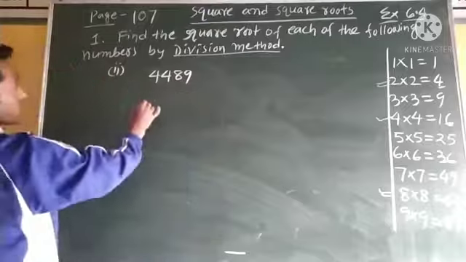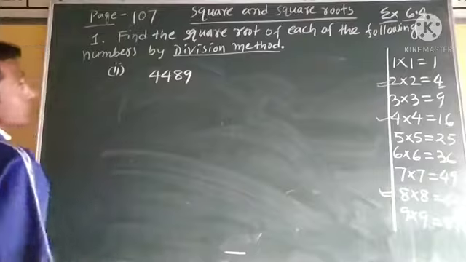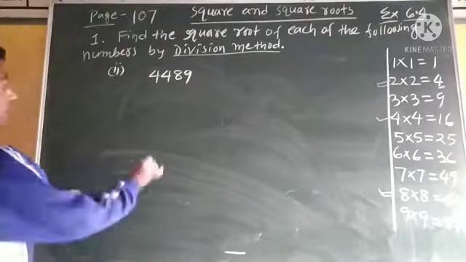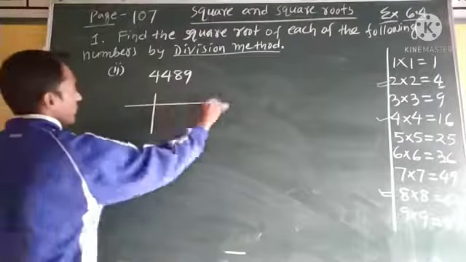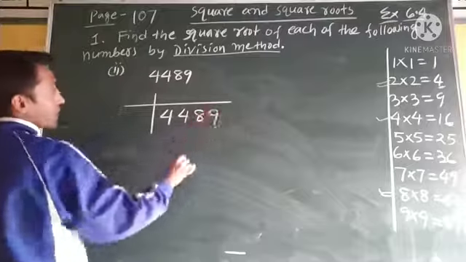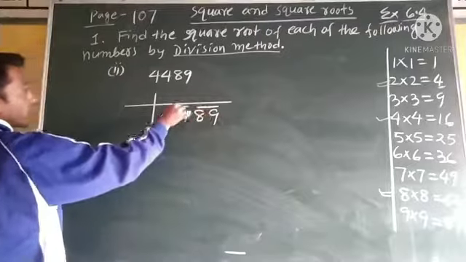Now we will do the next one. The second question is: find the square root of 4489. In the same process, you make pairs from the unit place digit.